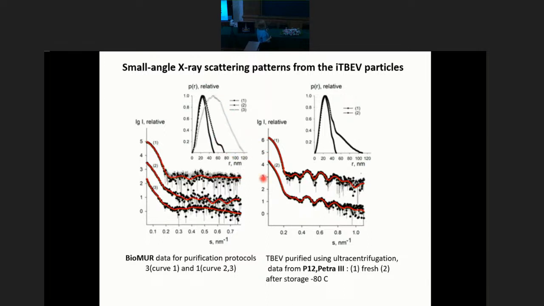We also decided to check what happens if we have a good sample but store it at -80, because during transportation you can also damage your sample a bit. And it's not easy, especially now. Maybe it's better to store the sample at the XFEL, just near the beamline.